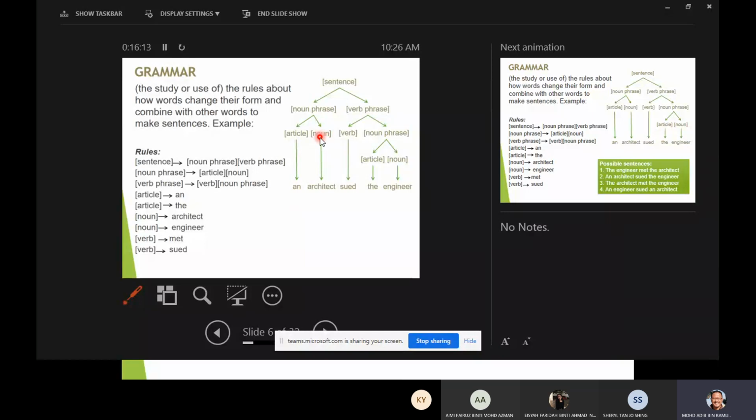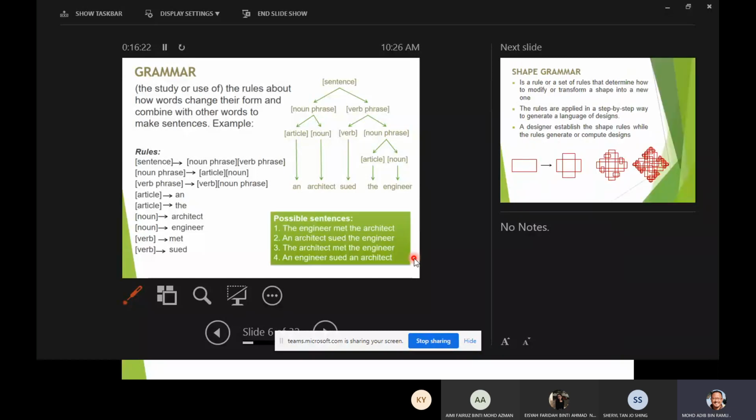And then for the noun, instead of architect, you use engineer. So there are several possible sentences that you can create like this: the engineer met the architect, and the architect suit the engineer, the architect met the engineer, and also an engineer suit an architect. Okay, so these are the options that you can derive from these rules, right?